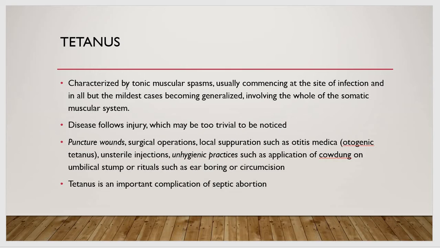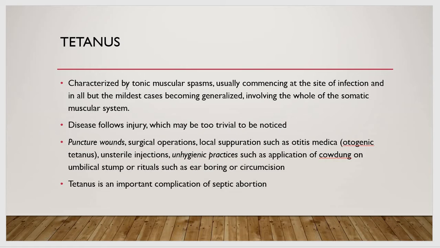Disease follows injury. It occurs after an open wound, which may be too trivial to be noticed. It's not necessary that it occurs due to bigger wounds only; even trivial injuries, if they get infected with this bacteria, tetanus can result.